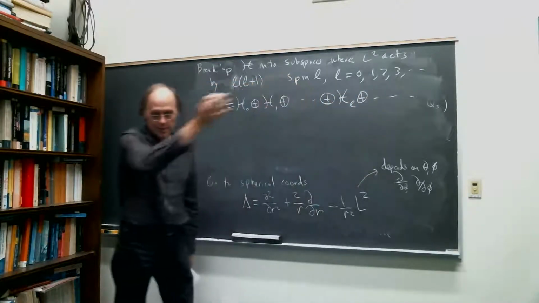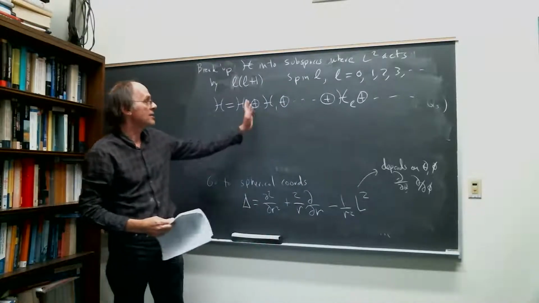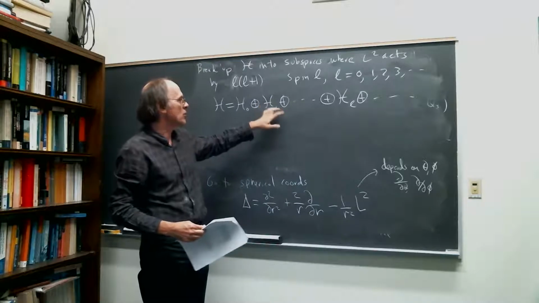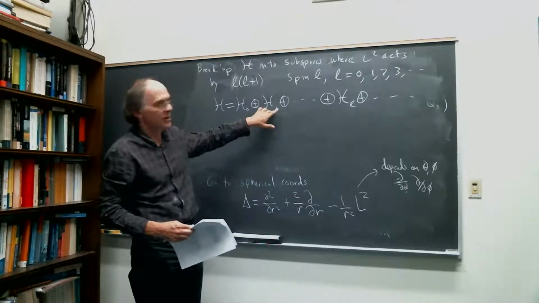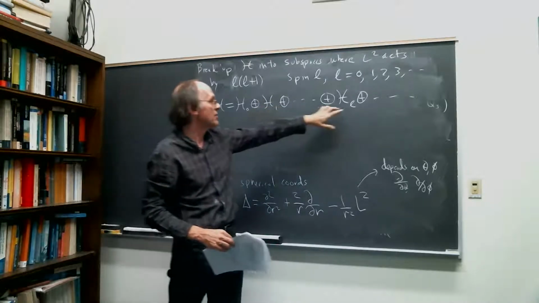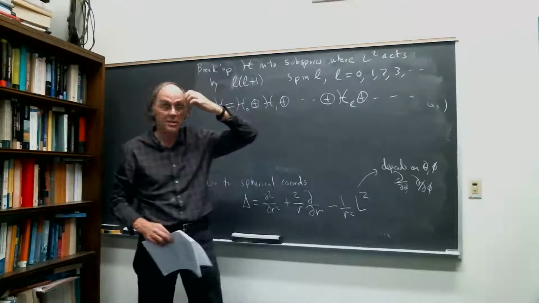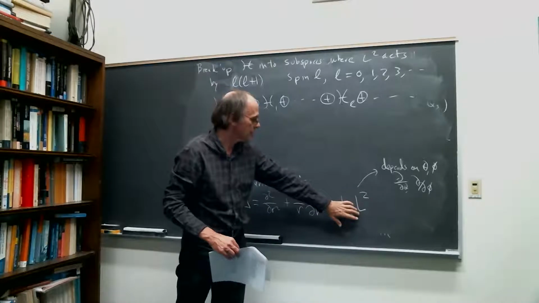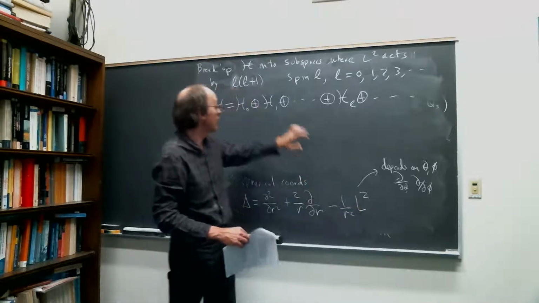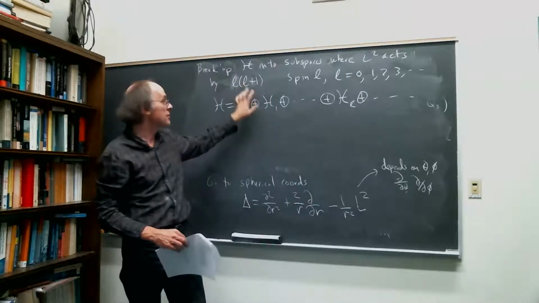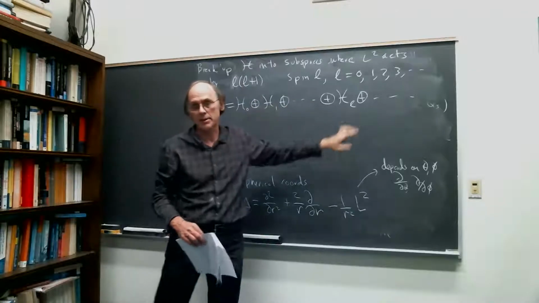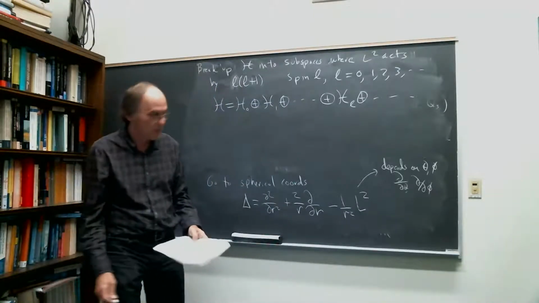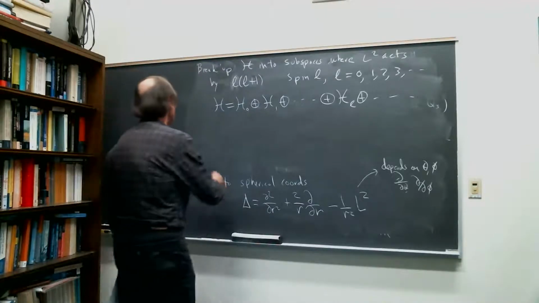So we break the state space, the possible states, up into pieces which behave as sums of irreducible spin L representations, or more explicitly, just diagonalize this operator, and these are the eigenvalues, and then these are the eigenspaces. Okay.